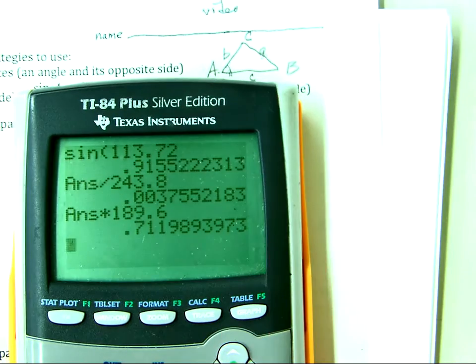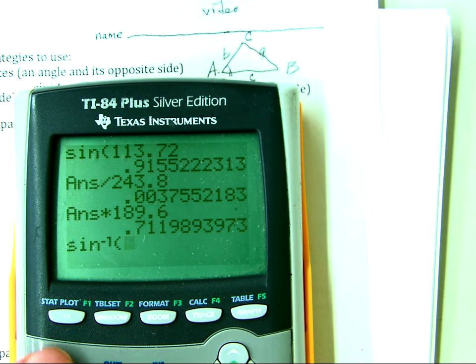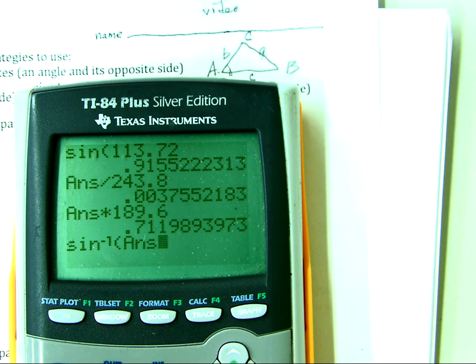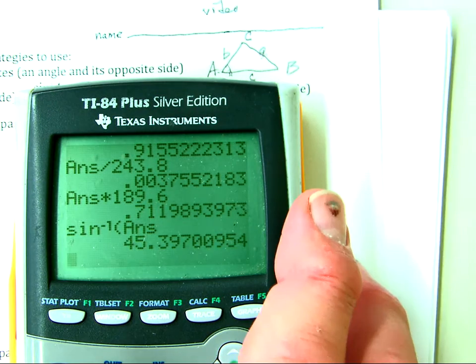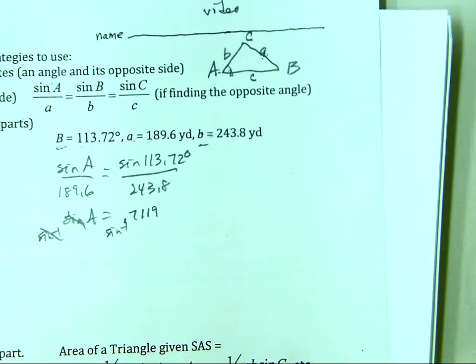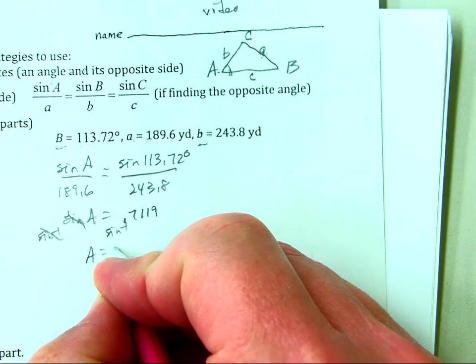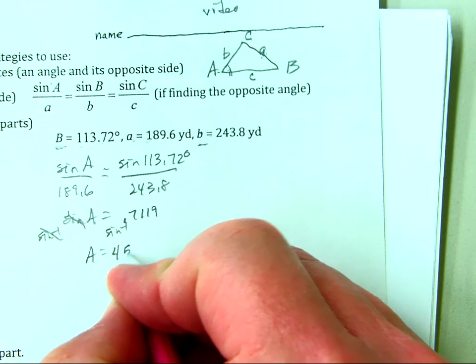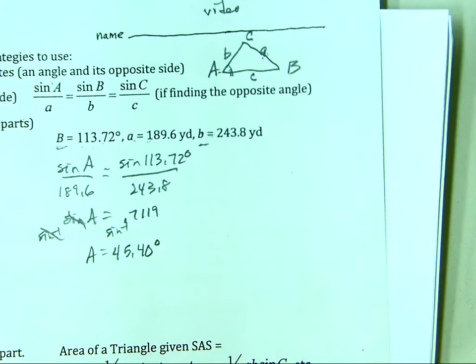So while that's still on your calculator, you can hit second sine, second answer, and we'll just call up that last answer. It tells us that answer is 45.397. Looks like our angle is correct to 2 decimal places, so 45.397 would be 45.40 when we round that up. So that's angle A.